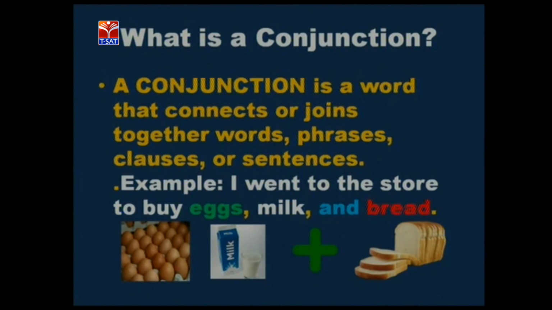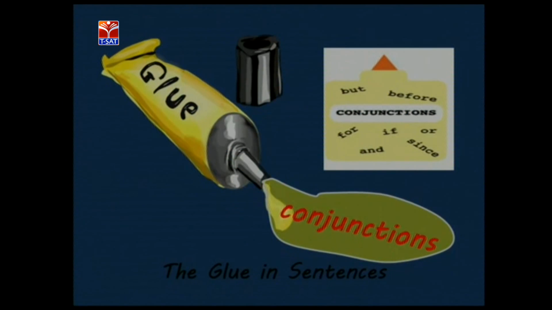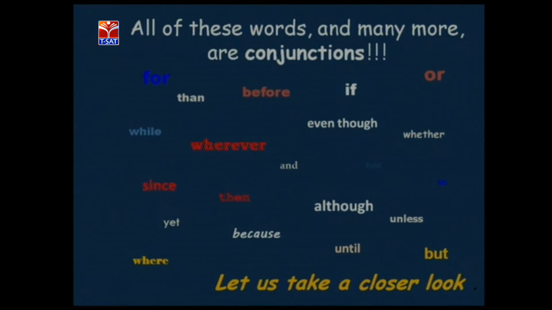We used and here to join words, and we compare conjunctions to glue. There may be many conjunctions. They are like glue, they connect words, sentences, clauses together. And see here, there may be a number of conjunctions in the English language.